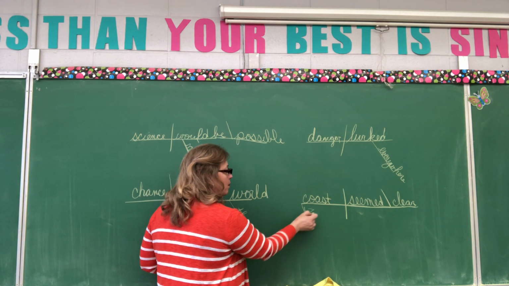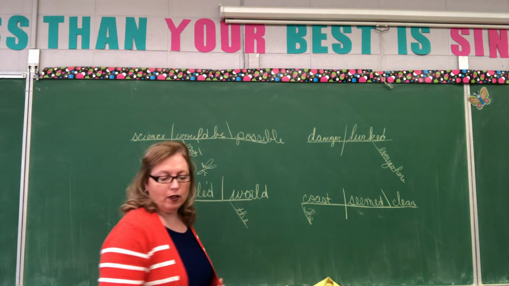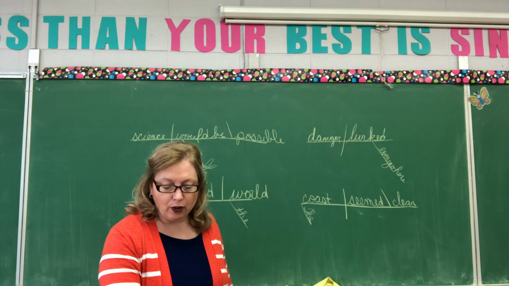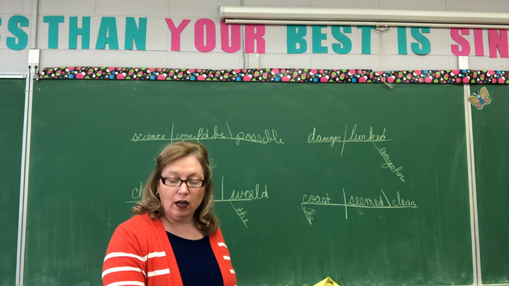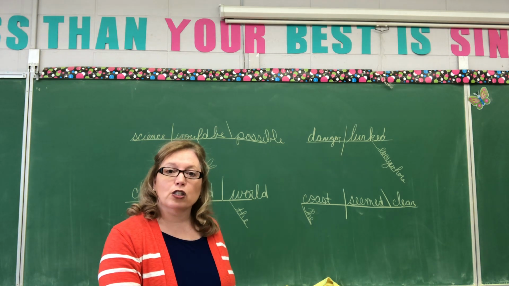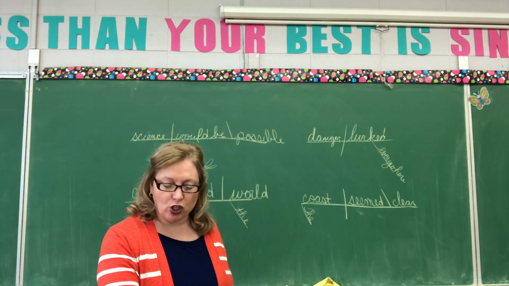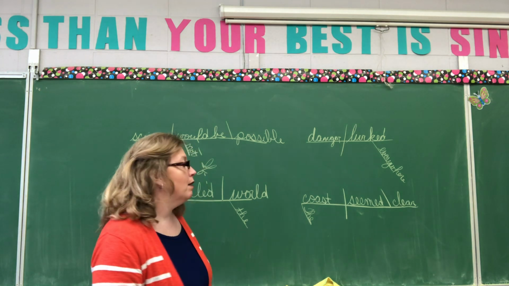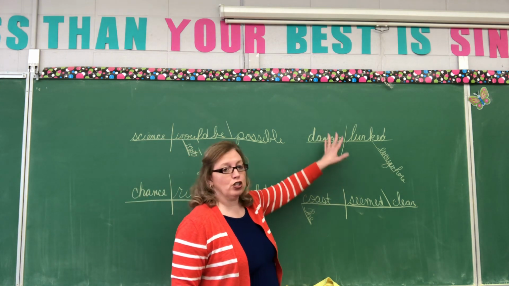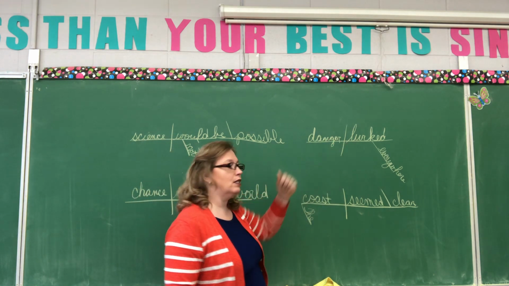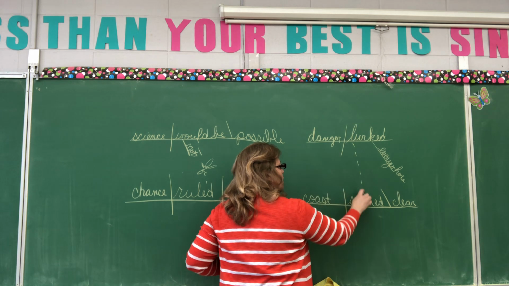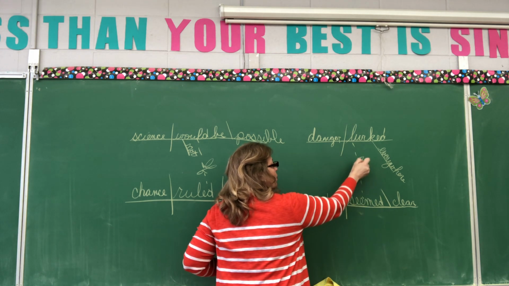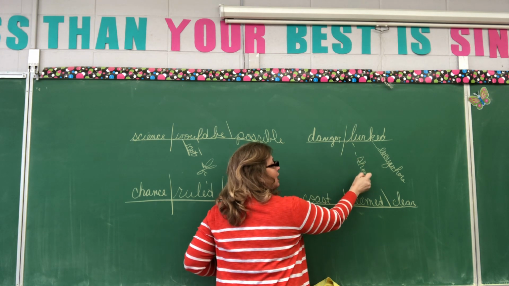The coast. Now, the only thing we have left to diagram is the what? Subordinating conjunction, which is the word though. Though is going to link my verb to whatever it describes up here, which in this case is the other verb. So we're going to diagram with a dotted line.